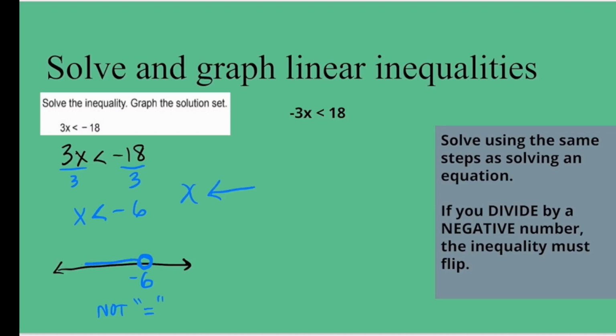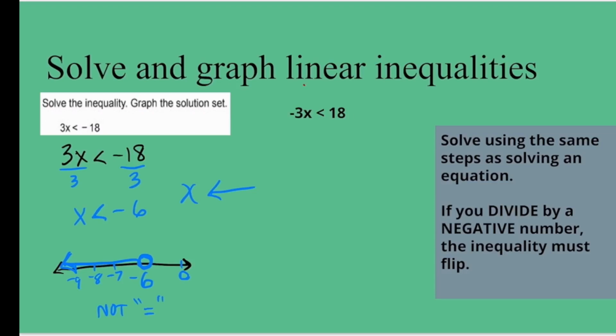So I'm going to graph it to the left. Numbers that are less than negative 6 include negative 7, negative 8, negative 9, and so on. 0 is going to come all the way over here. The further you get from 0, the larger the numerical values become, like 6, 7, 8, 9.